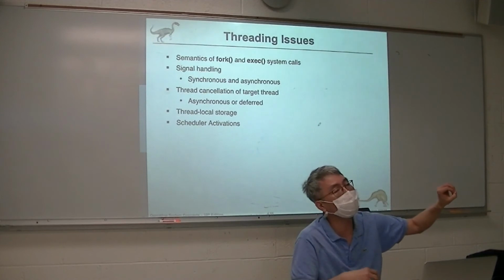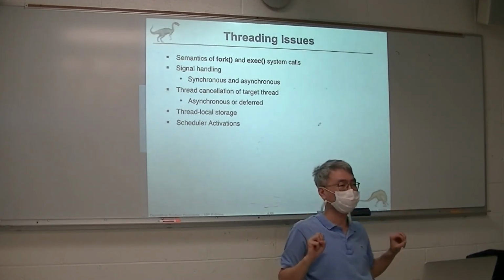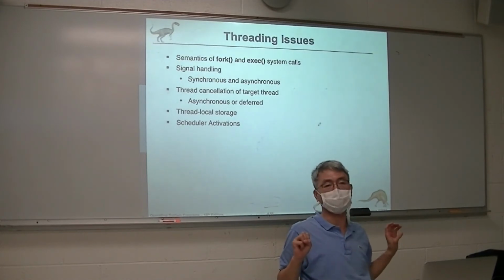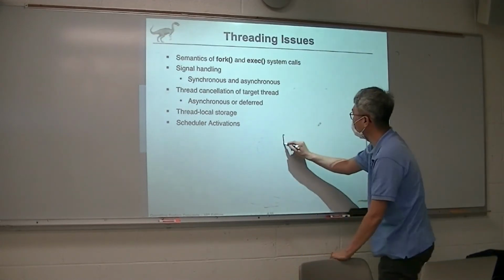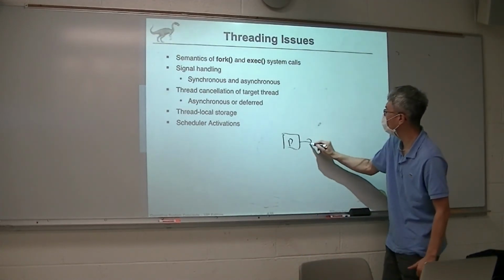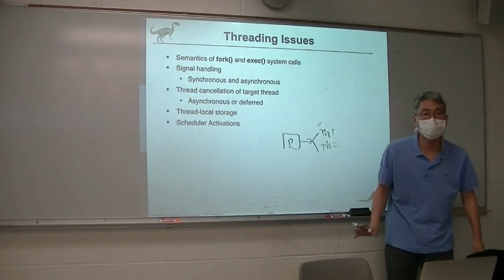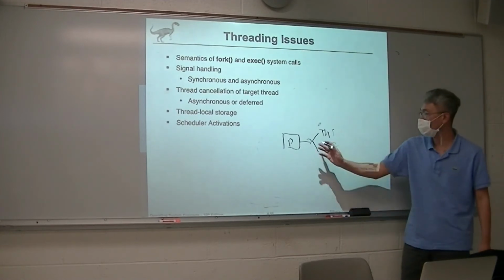What if you fork inside the thread? There are two types you can imagine. One is, you have the main process, and it creates threads. Let's say there are two threads here, created by the process.